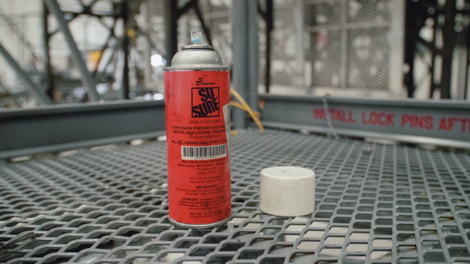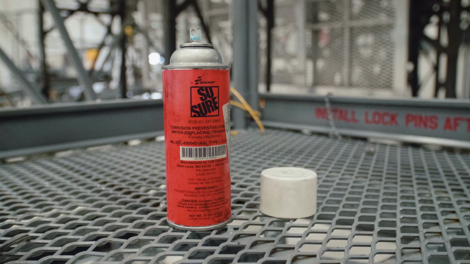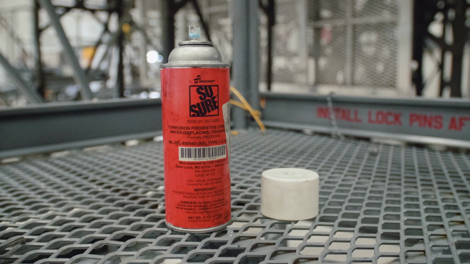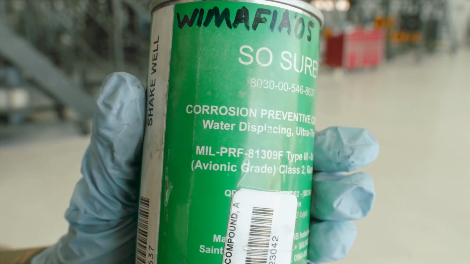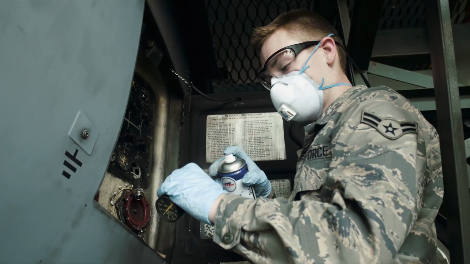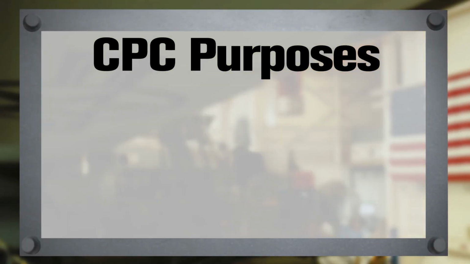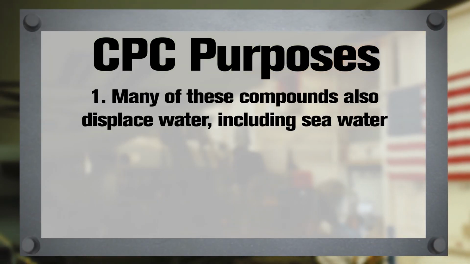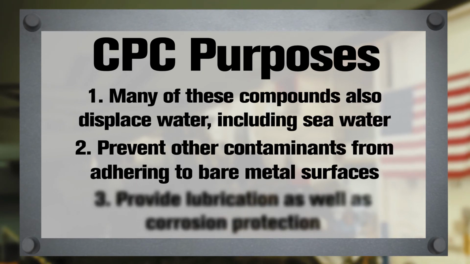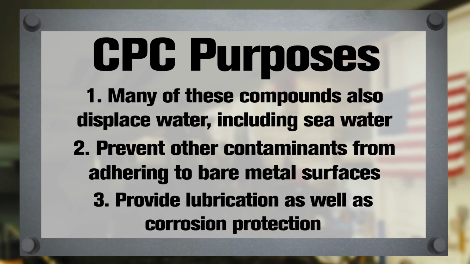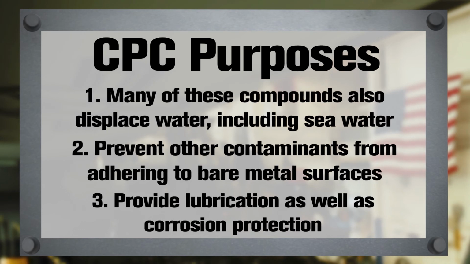Corrosion preventative compounds, or CPCs, are also used to protect aircraft and equipment components and parts by preventing corrosive materials from contacting bare metal surfaces. Many of these compounds also displace water, including seawater, prevent other contaminants from adhering to bare metal surfaces, and provide lubrication as well as corrosion protection.